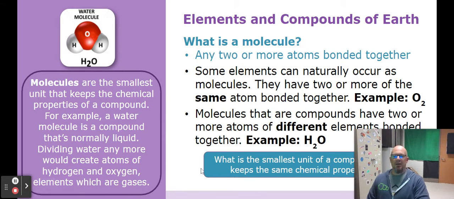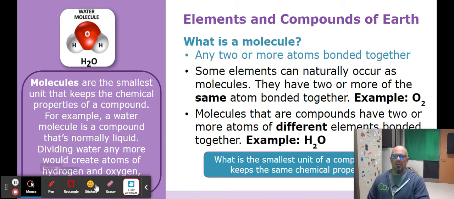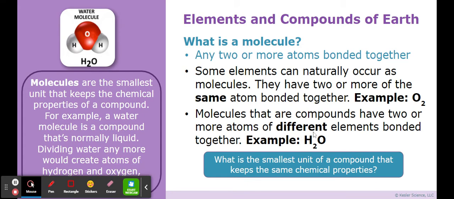If they're different elements, then it's, for example, H2O. So we have hydrogen and oxygen that are bonded together. That's a molecule of water, but it's also a compound because they're two different elements. And so when you're looking at molecules, molecules can kind of be either one.